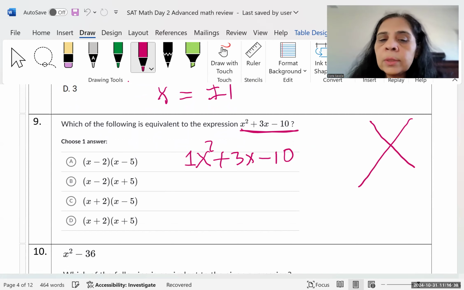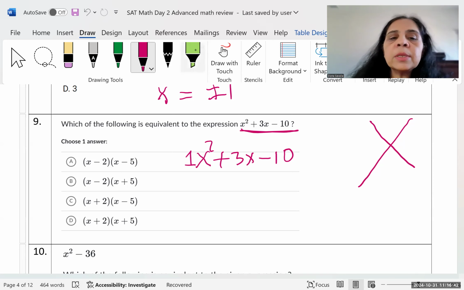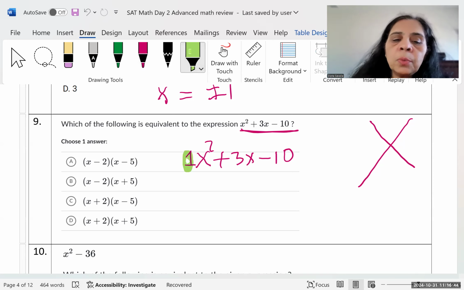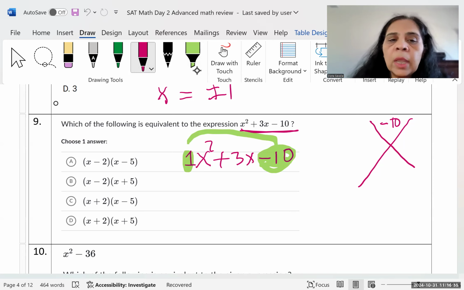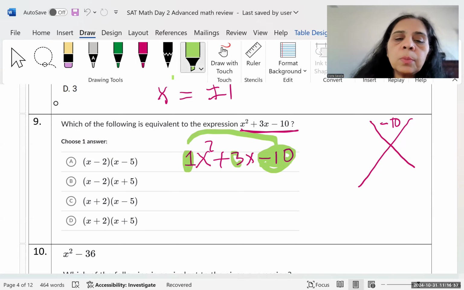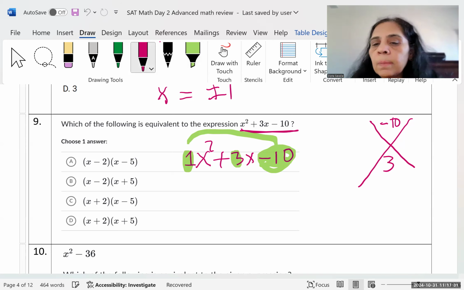So we can do this cross and find the factors. Very simple. I will just write down the coefficient of x squared and the constant with its sign, and I will do the product. 1 times negative 10 is negative 10. And whatever the middle term coefficient is, I will write at the bottom, which is 3.